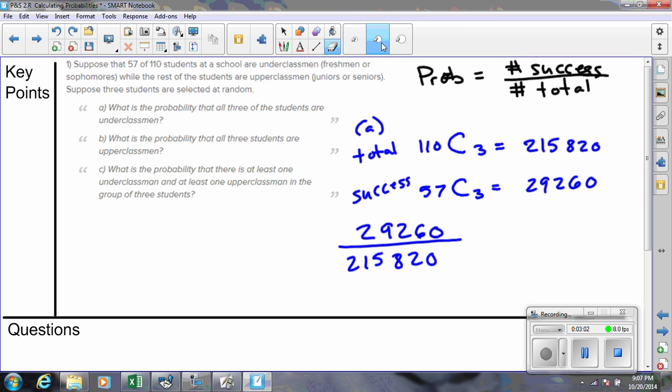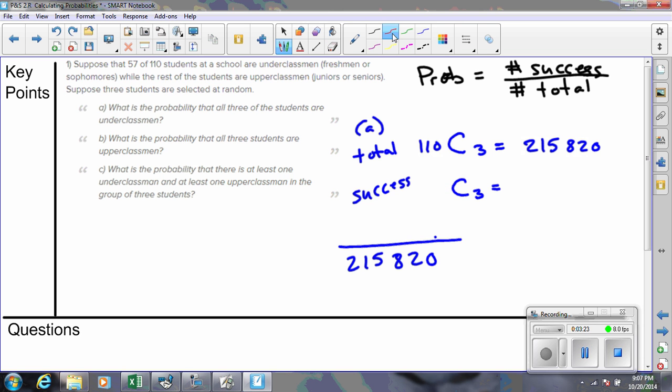The second problem. What is the probability that all 3 students are upperclassmen? Well, this one's going to work out to be a little bit different. You'll notice we still have the total is the same, but the way we define success is now different. We no longer have 57 students to choose from because we're not choosing underclassmen.